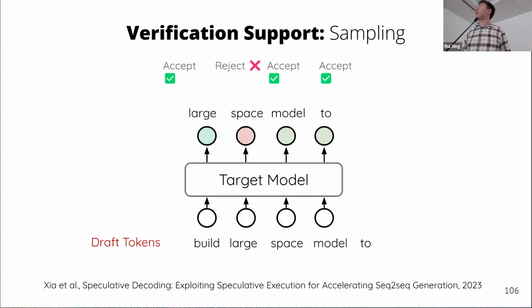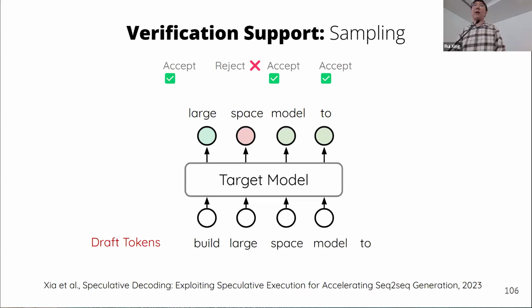So in the case of sampling, the draft tokens still build "large language model," and these will be verified by the target model also in parallel. But the criterion is relatively complex, as we previously showed.